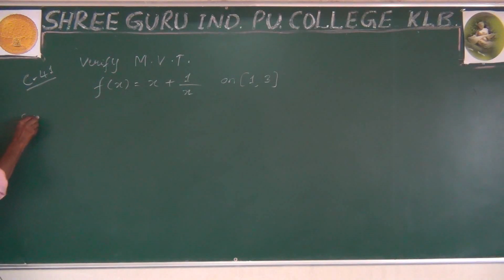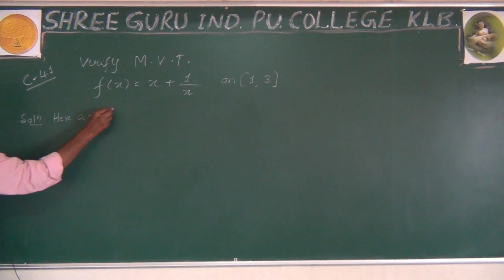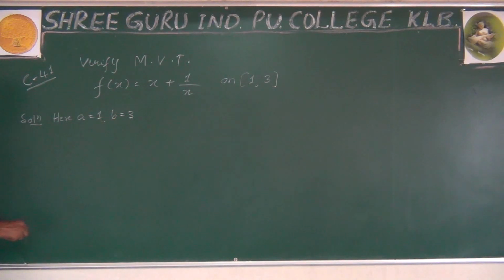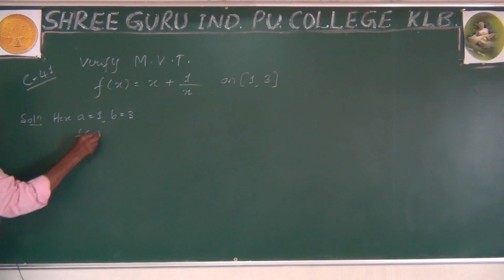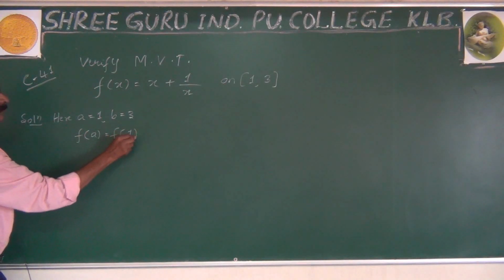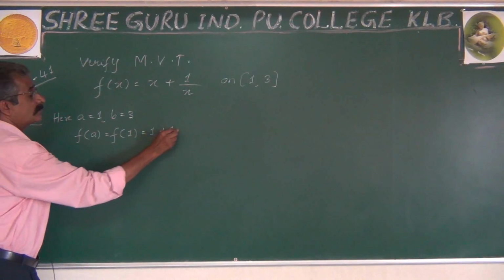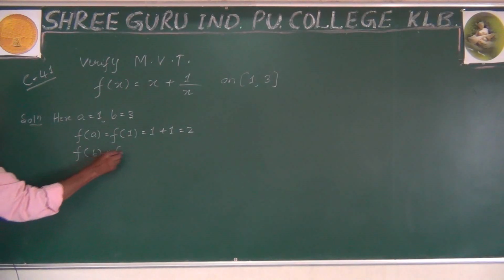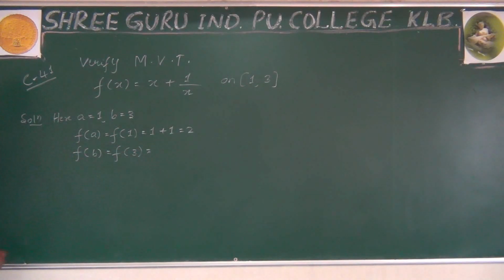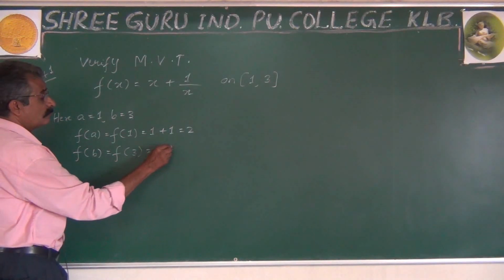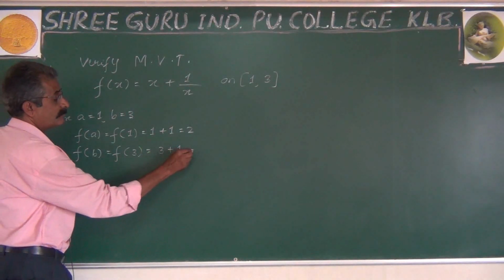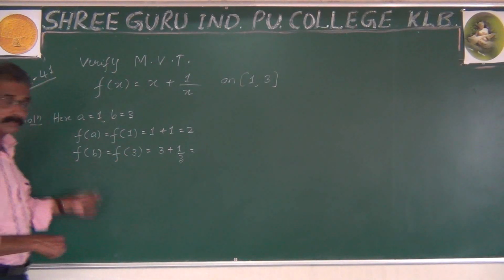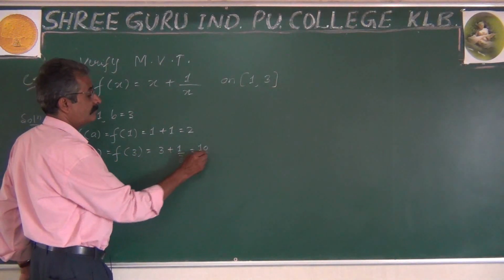So write the solution. Here from the interval we get a equal to 1, b equal to 3. According to that, f of a, f of 1 equals 1 plus 1 by 1, that is 2. At the same time f of b means f of 3: put x equal to 3, plus 1 divided by 3, LCM 3, 9 plus 1 is 10 divided by 3.